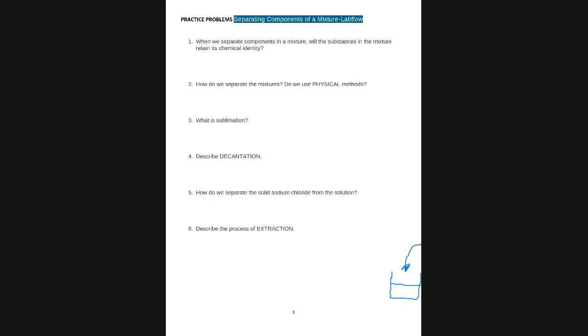One had the wet sand, and the other, where we decanted, had the sodium chloride solution. But we don't want the solution. We don't want the liquid.